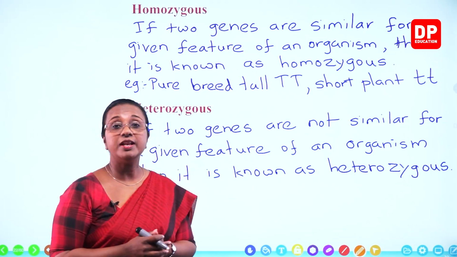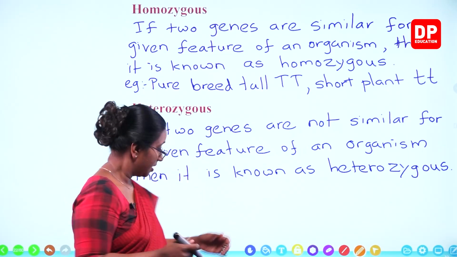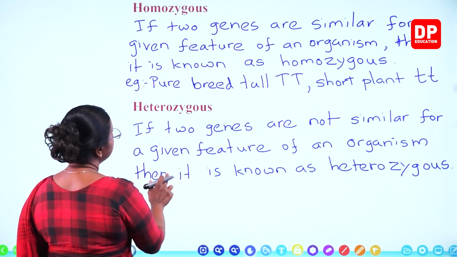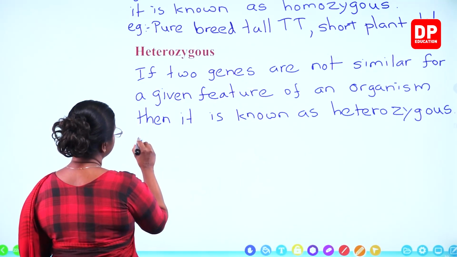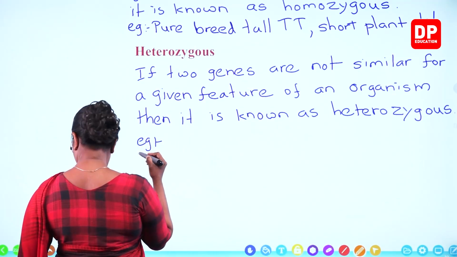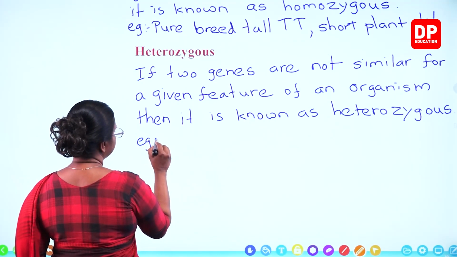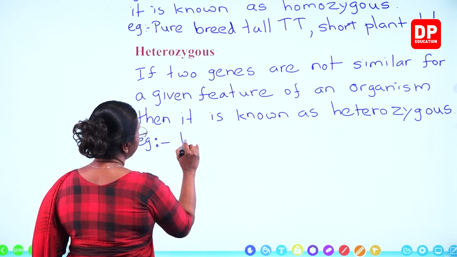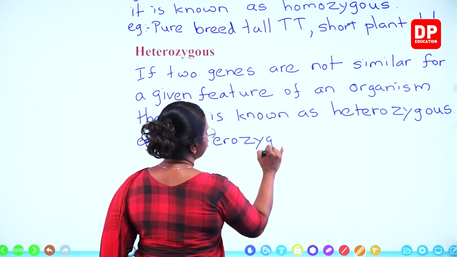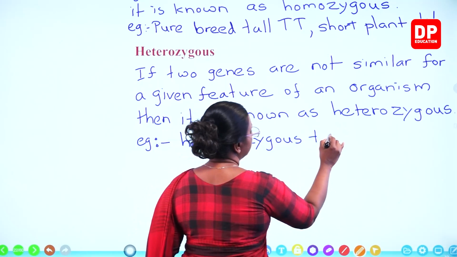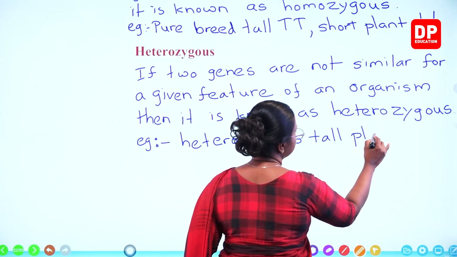So, can you think of an example here? If we take this particular character, the tall plant. Example, heterozygous tall plant.